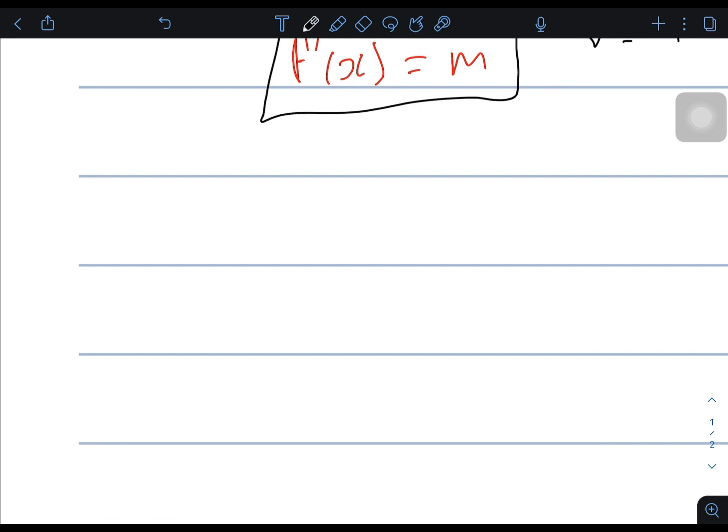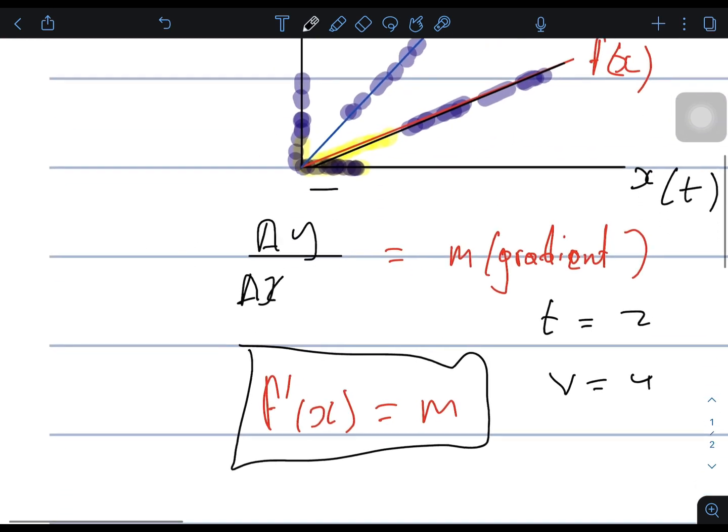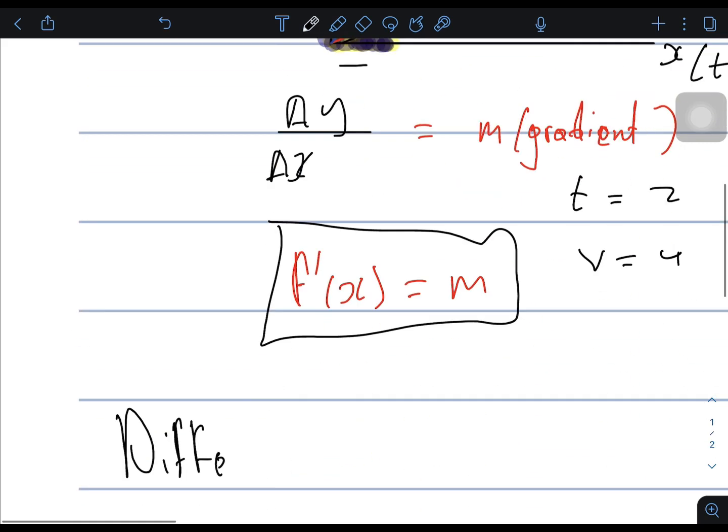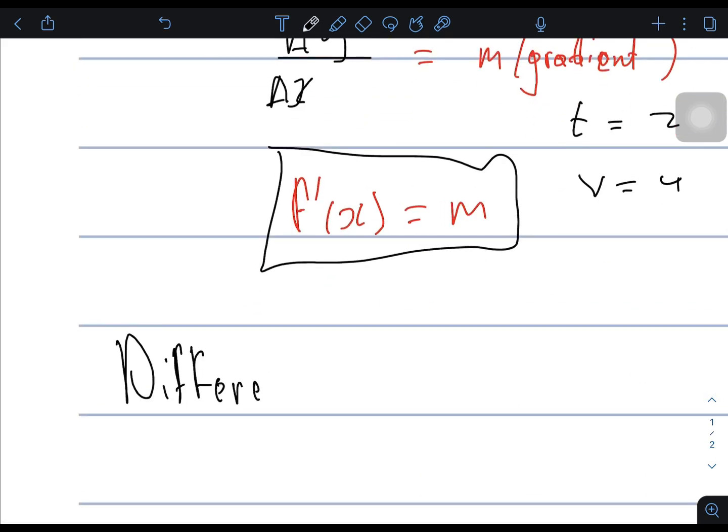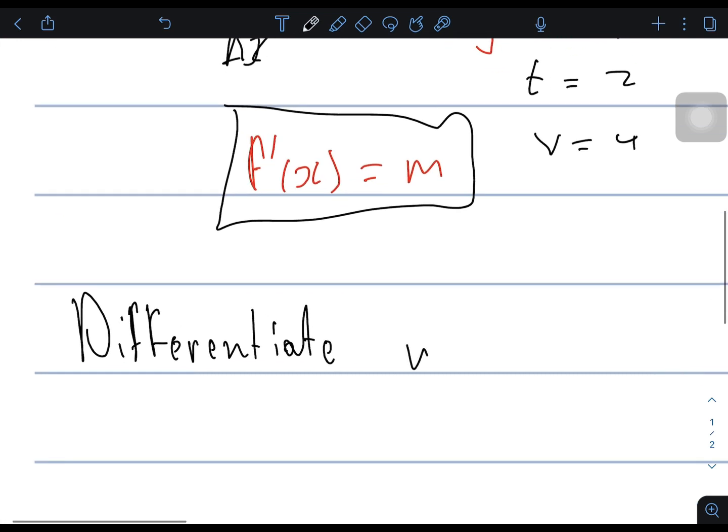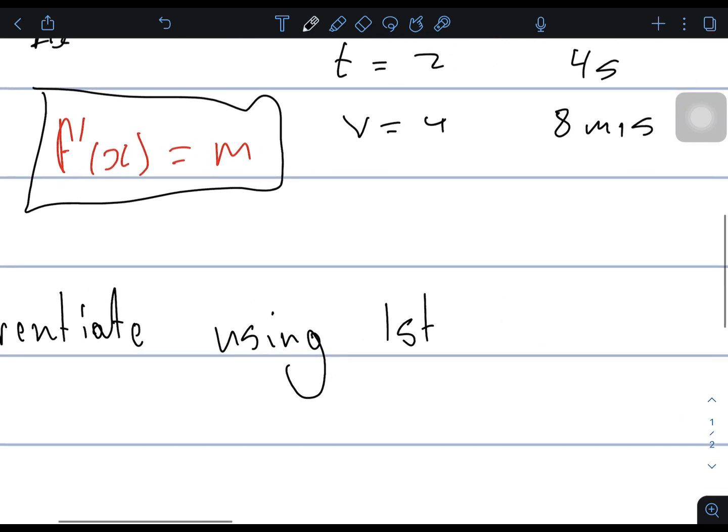I'm just going to show you how we apply first principle, because the first thing we must do is differentiate using first principle.